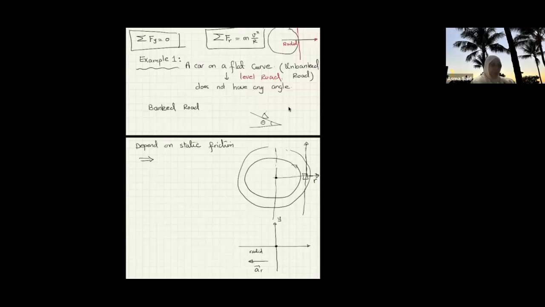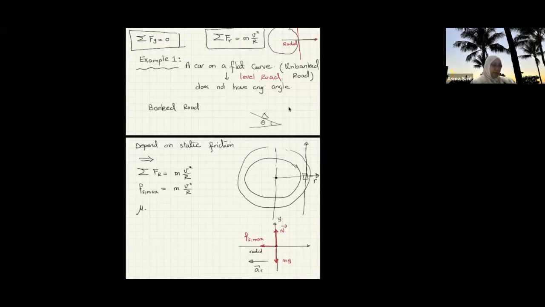Now what I have here, I have the normal, and I have mg here, and I should have the maximum force of friction, Fs maximum, so that it will keep the car in that position, in that curve. Then I will say sigma Fr should equal mv squared over r. I know that. Then Fs maximum is going to be the one that is going to keep me on this track.